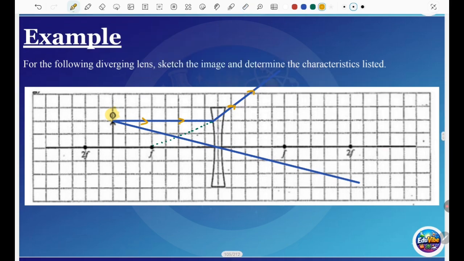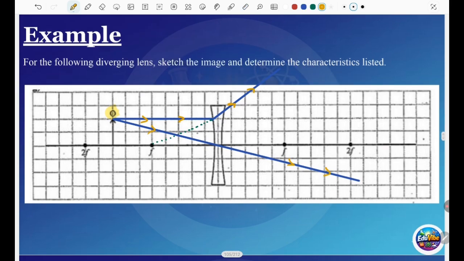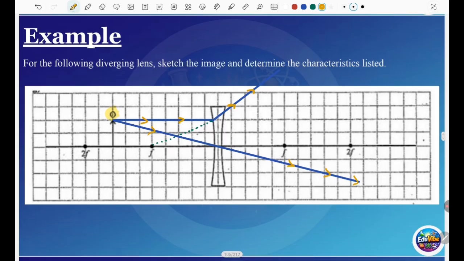This is another line, and it goes straight and does not refract. So the point where these lines cut each other is your image. You can see you get such a small image, which means your magnification is diminished.